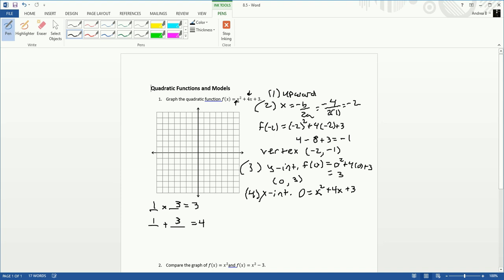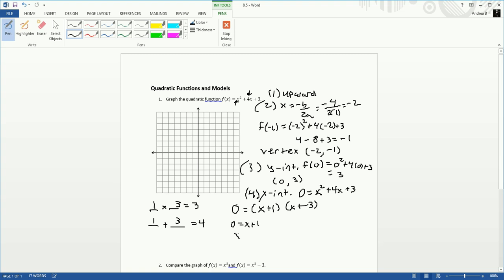So for our factoring, we would have an x plus 1, and for the other one, we would have an x plus 3, since both values were positive in this case. And it's still set equal to 0. Then to finish solving for our x-intercepts, we set each of those equal to 0. So we'd have 0 equals x plus 1.